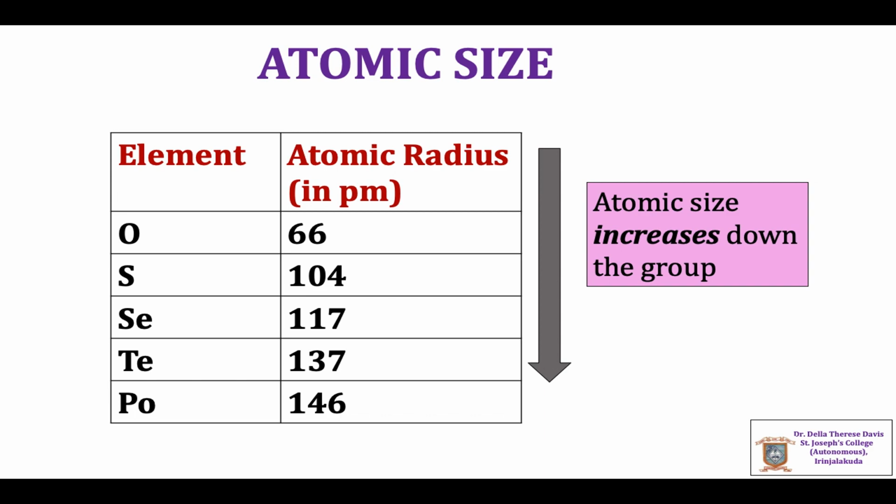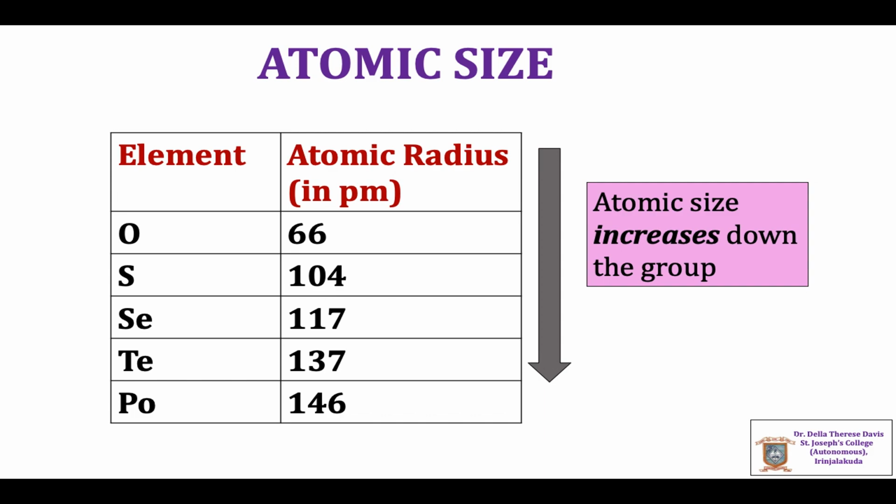The atomic size of group 16 elements increases as we move down the group. This is because as we move down the group, more and more shells are added to the atoms.